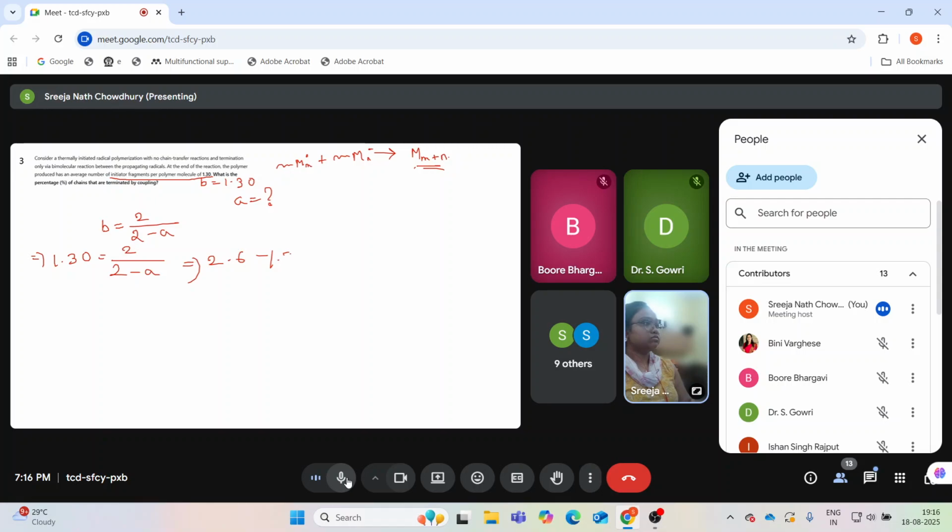I think your answer is correct. I have done some mistake in my calculation. No, it is coming 5 by 3. Yes, it is coming near about 0.46, and it will be near about 46%. I think I have done a mistake here. Oh, sorry. Here is 1.30. No, it's fine. It is 1.30. Okay.